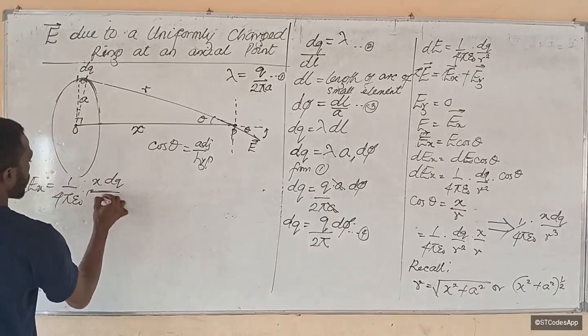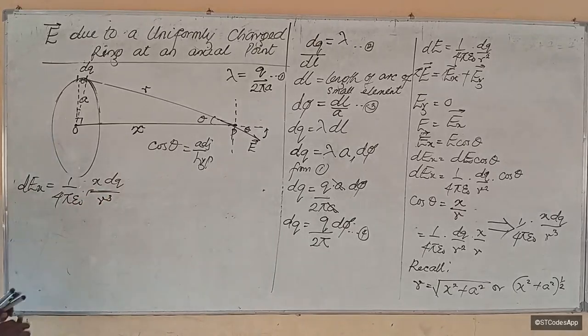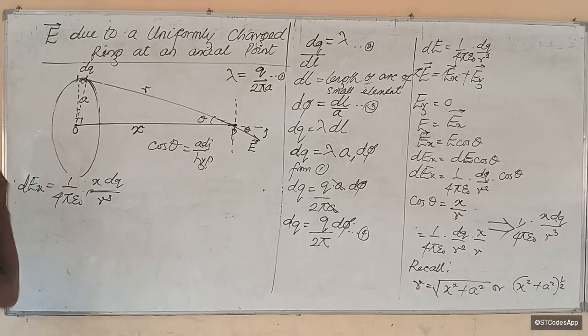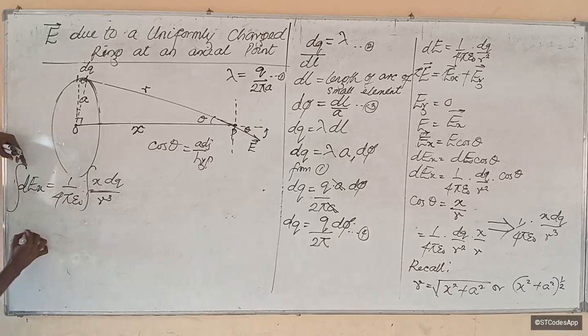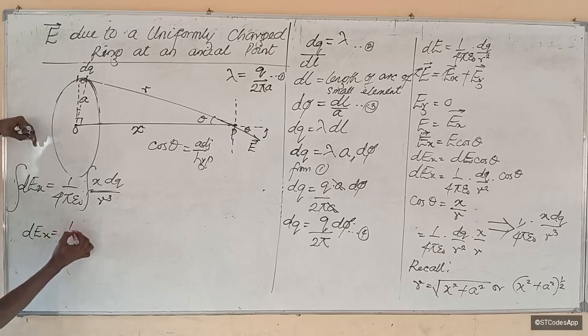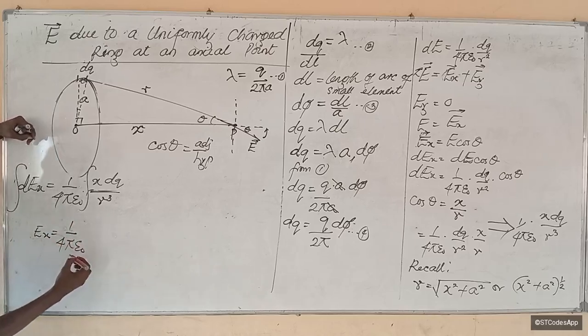There's something else that we still have to do. We have to remove dq and this dE by integration, right? So we're going to integrate here and integrate here. So by the time we integrate the guy, E sub x will be equal to 1 over 4 pi epsilon naught.